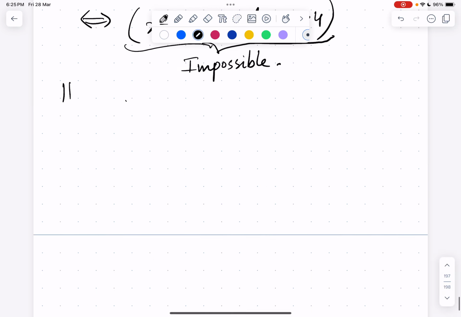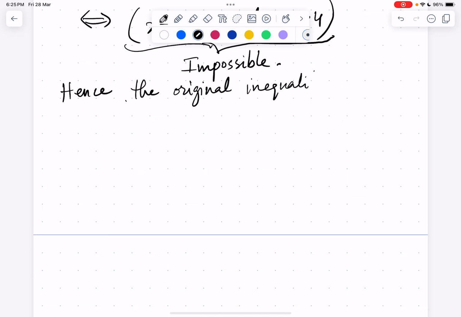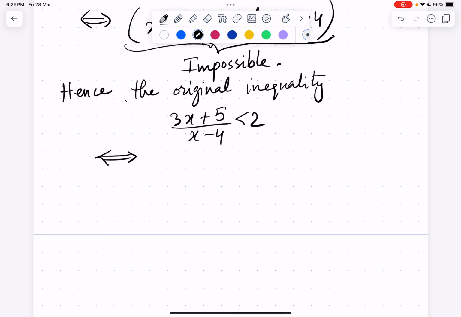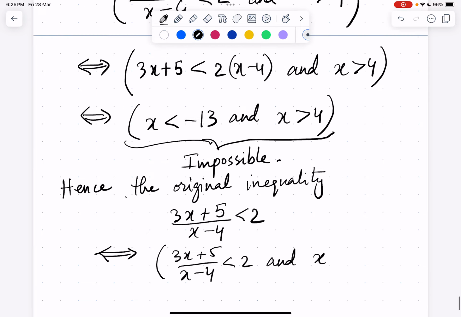Hence, the original inequality (3x plus 5) by (x minus 4) is less than 2 can be rewritten as (3x plus 5) by (x minus 4) is less than 2 and x is less than 4, right?